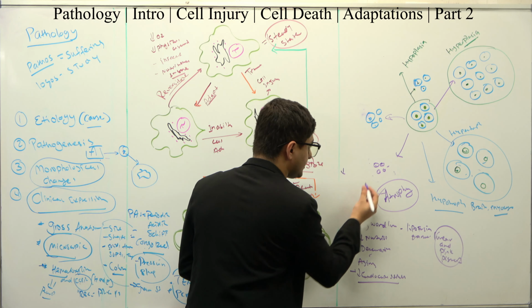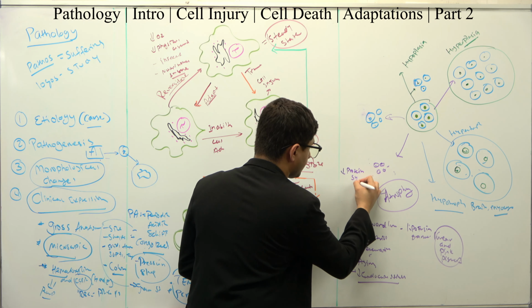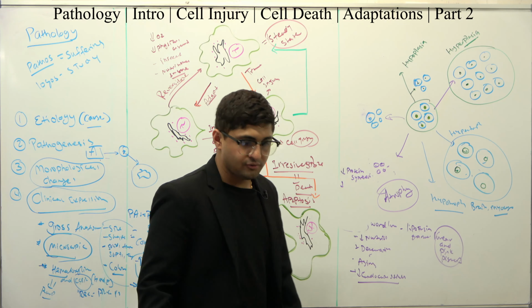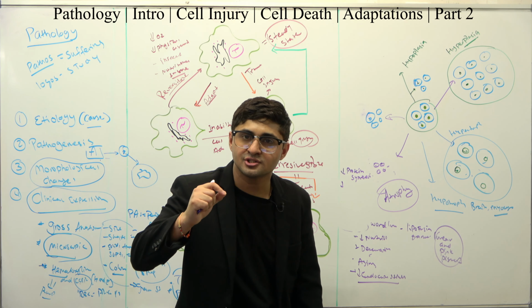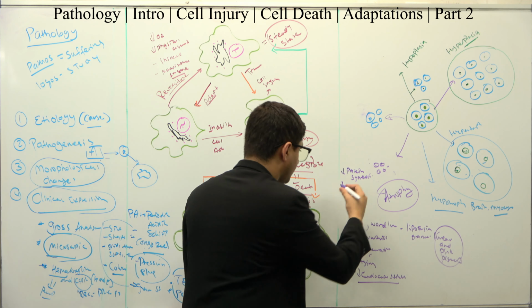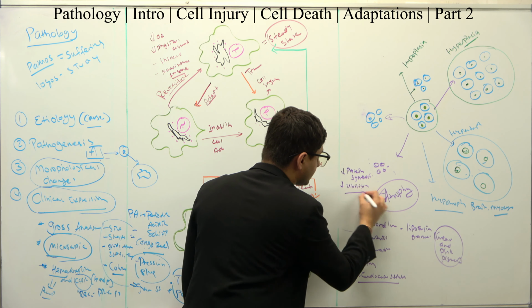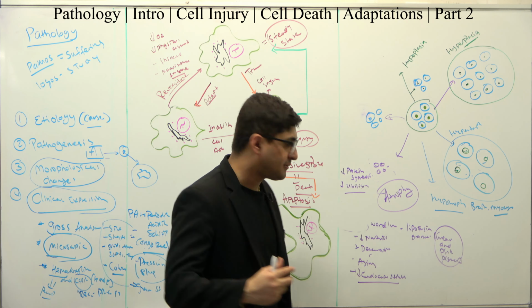This is how it leads into atrophy. Then there is activation of ubiquitin ligase enzyme. This ubiquitin ligase enzyme will start breaking down the proteasomes and breaking down proteins. That's what's going to happen.